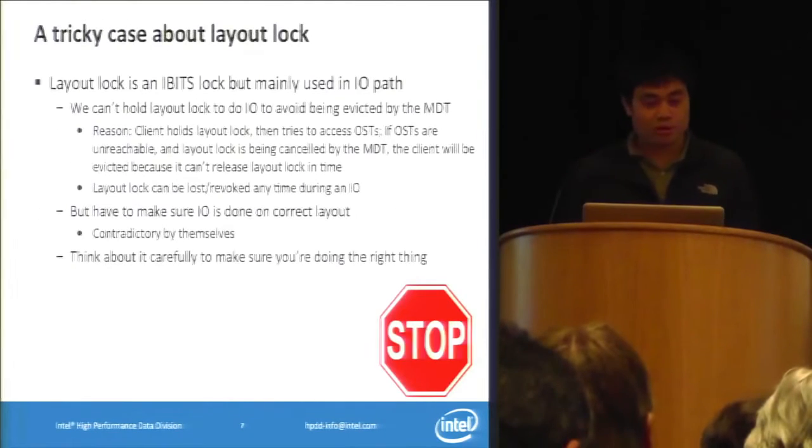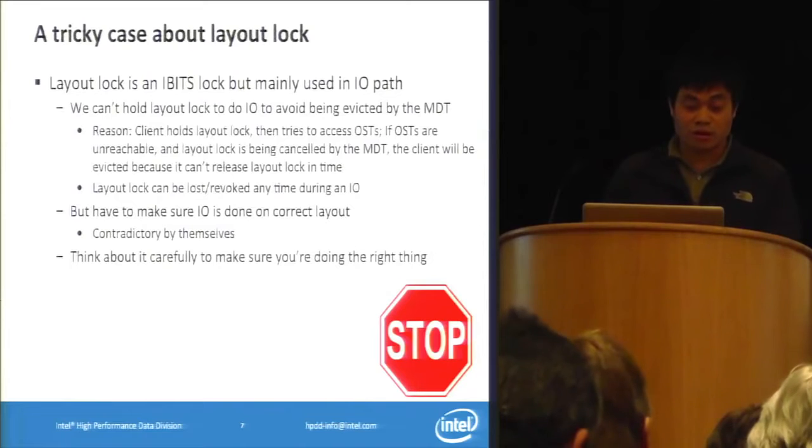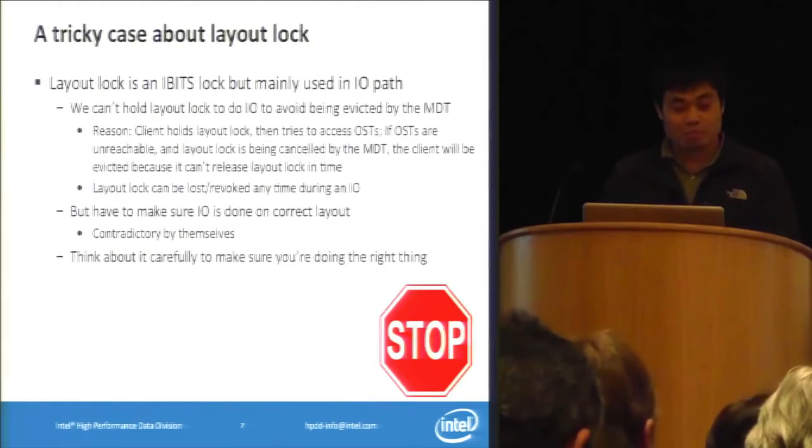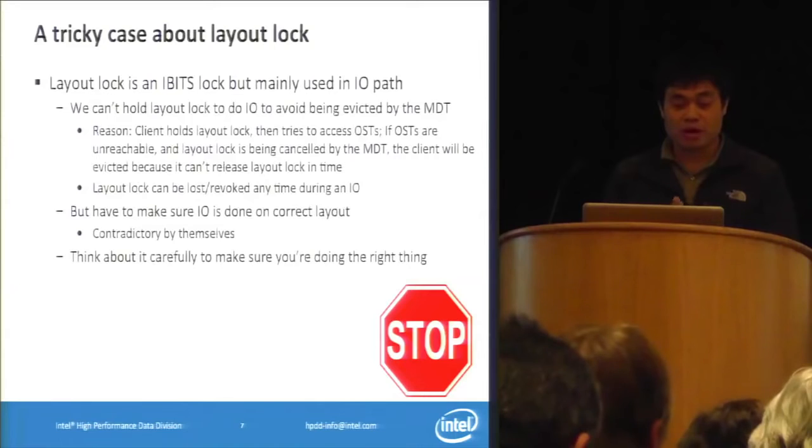Okay, so I'm going to talk about some tricky cases about the layout lock. So first of all, the layout lock is an IBITS lock, but it's mainly used in the IO path. That means we cannot hold the layout lock to do IO, to avoid being evicted by the MDT.